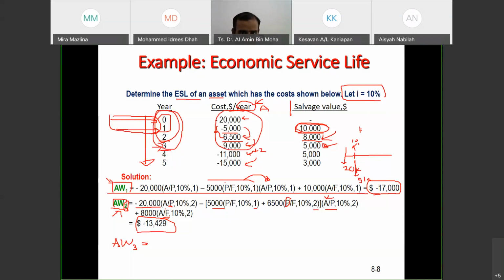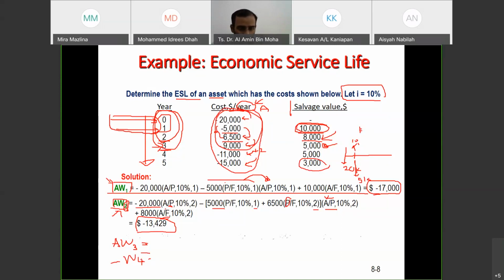So you are going to calculate AW3, AW4, and AW5. AW5 is going to be the longest. You're going to take all the information given here and the salvage value 3. So you need to do for all.